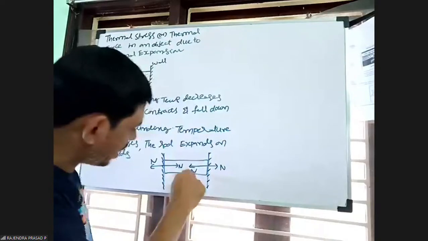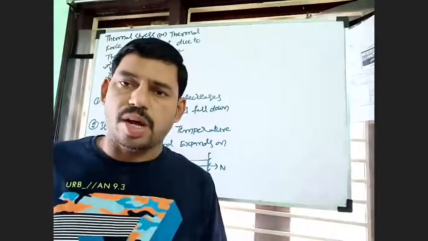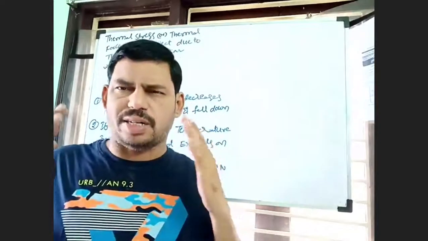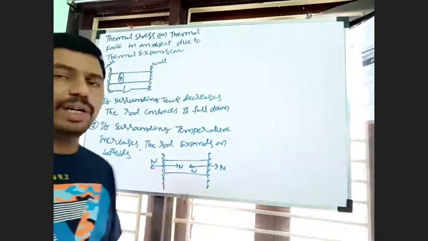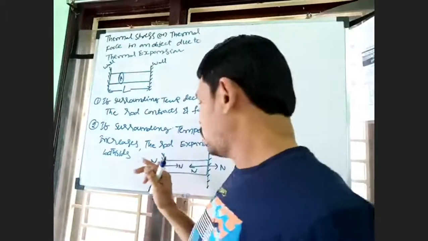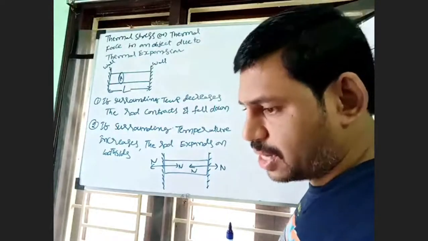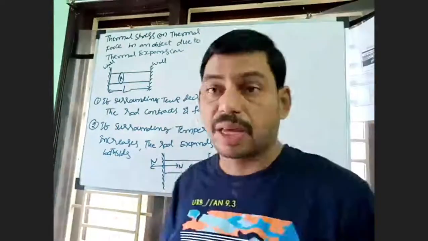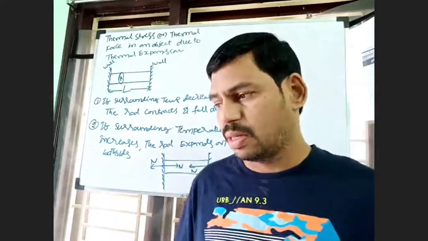These two forces are of equal magnitude but in opposite directions. The rod is tightly fitted between the two walls, so some stress also develops in the rod. Stress and strain develop.